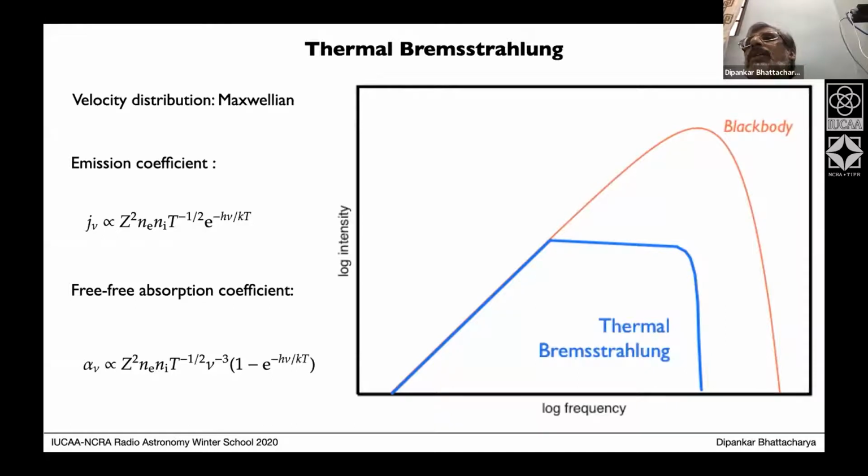And typically, the spectrum is going to look like this blue line, which is shown over here. The blue line is a thermal Bremsstrahlung spectrum for a given temperature. And I have compared that with a possible blackbody spectrum at that temperature.